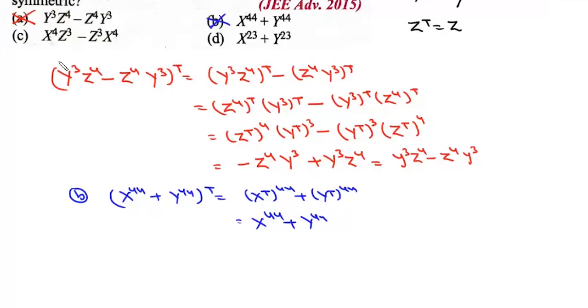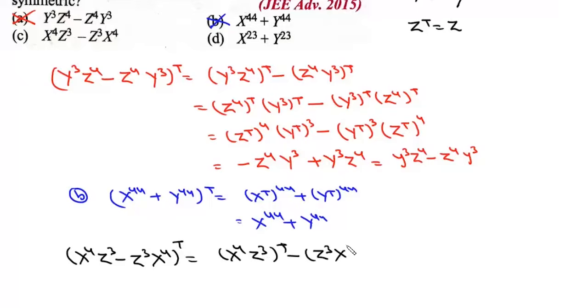Now if we look at this third one, then we can write x to the power 4 z cube minus z cube x to the power 4. Its transpose will be x to the power 4 z cube transpose minus z cube x to the power 4 transpose. Now using reversal law, we can write z transpose cube into x transpose to the power 4 minus x transpose to the power 4 into z transpose cube.